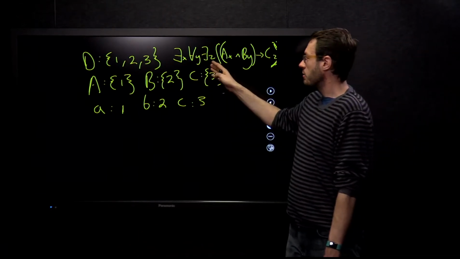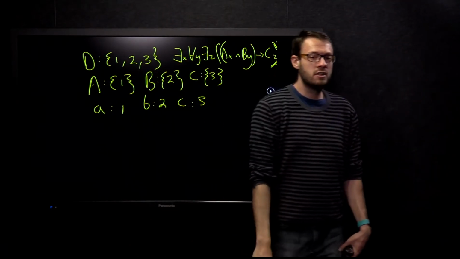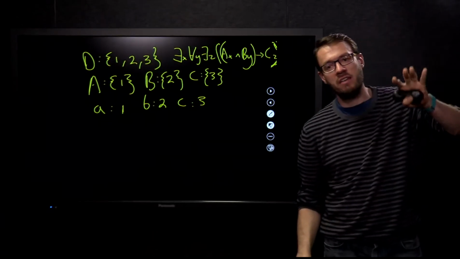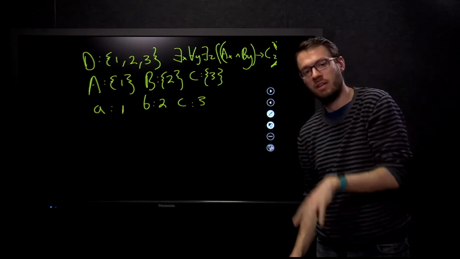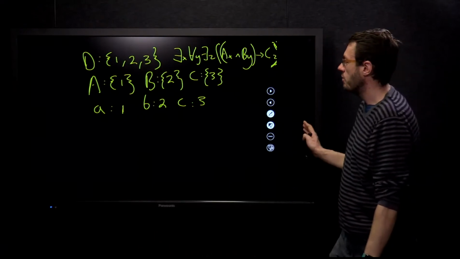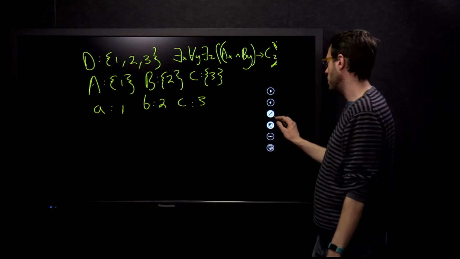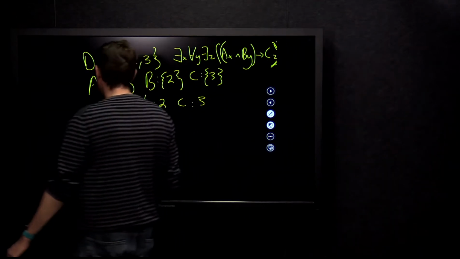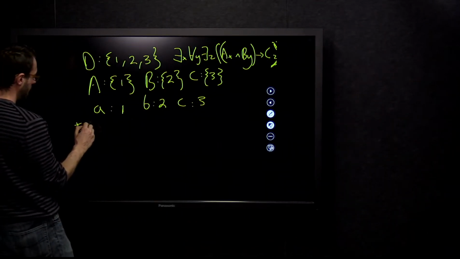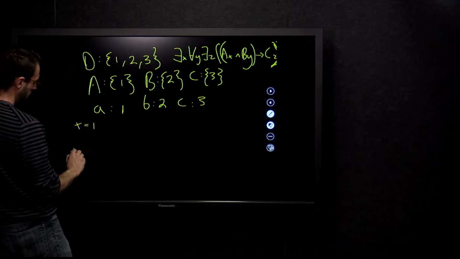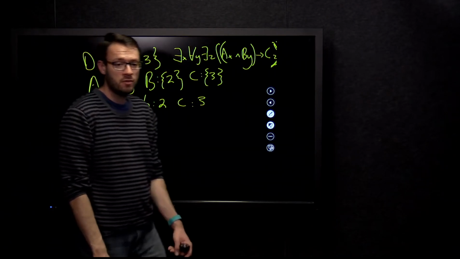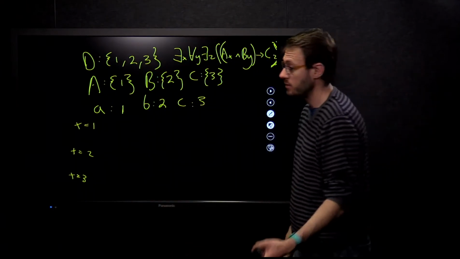Now, I've got 3 variables in here and I've got 3 objects. And now I have to start by doing that same splitting procedure. There's how many values for x, how many values for y, and how many values for z. And I'm going to end up with a space of combinations that I have to check. So let's start by seeing how that looks. I'm going to get x equals 1, x equals 2, x equals 3.